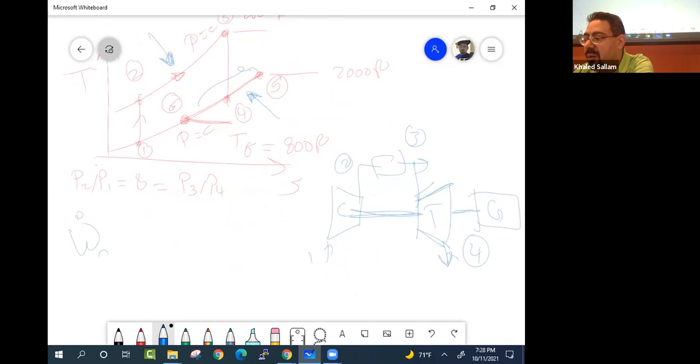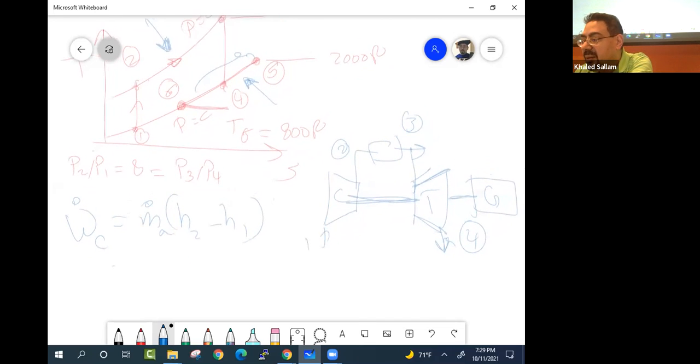So, like always, work compressor, Q added, work turbine, everything is m dot delta h. Okay, but it gets easier now because the work compressor, which I'm going to say is m dot air times h2 minus h1, that h we can easily say is Cp times T2 minus T1.